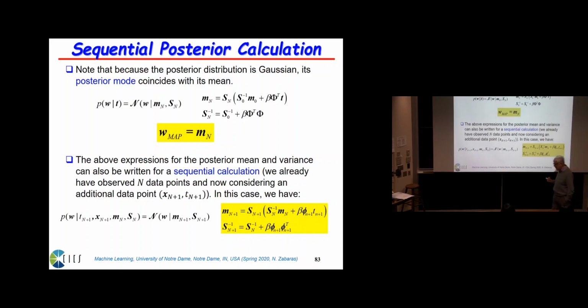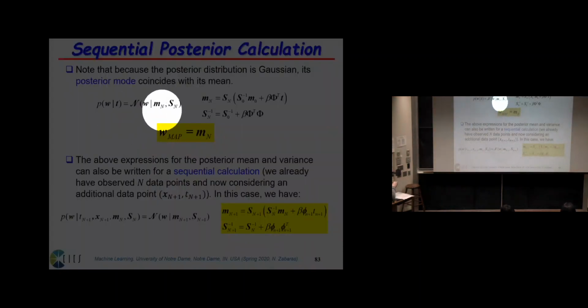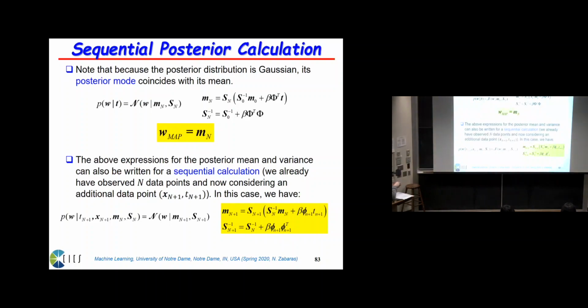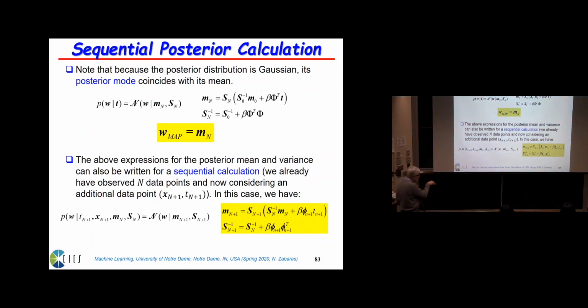Maybe I did not emphasize this in this course, but hopefully you learn this in other courses. This Bayesian formalism is sequential in nature, right? So practically all the calculations can be written down as updates. Let's say you have n data points and you estimate the posterior of W and compute Mn and Sn, and now you want to update these values of Mn and Sn when a new data point comes.